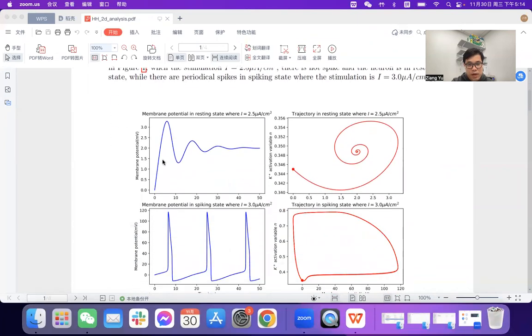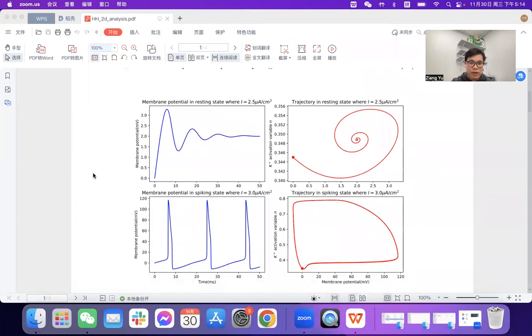If I equals 2.5, the membrane potential converges to a certain value and stays unchanged. In the phase plane, the trajectory converges to a sink, or a stable equilibrium in this case.